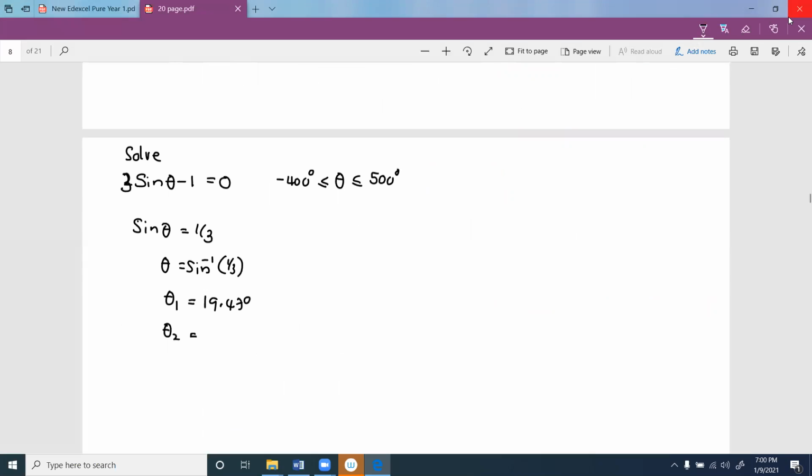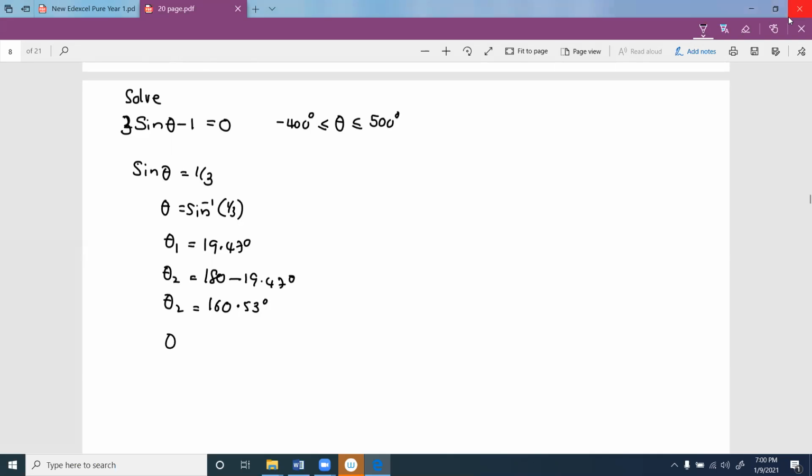So it's 180 minus 19.47. That is the second angle, which turns out to be 160.53.